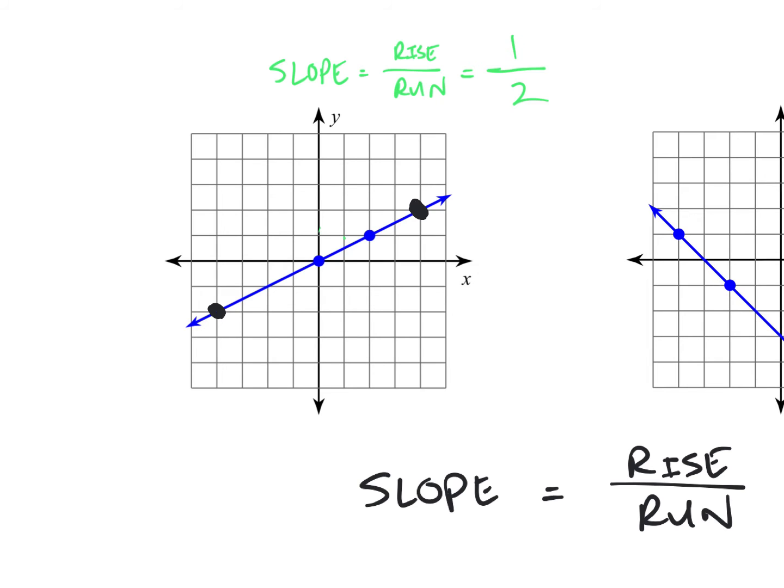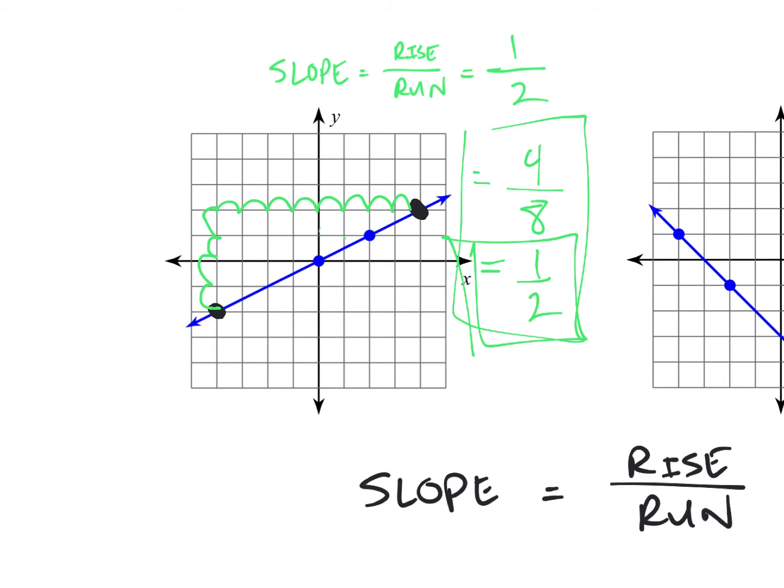To get from here to here, I'd have to rise 1, 2, 3, 4. So in this case, my rise is 4. My run would be 1, 2, 3, 4, 5, 6, 7, 8. 4 over 8, which reduces to 1/2. So the point is you can pick any 2 points on the line. As long as you count the rise and the run correctly and you reduce the fraction correctly, you should end up with the correct answer.